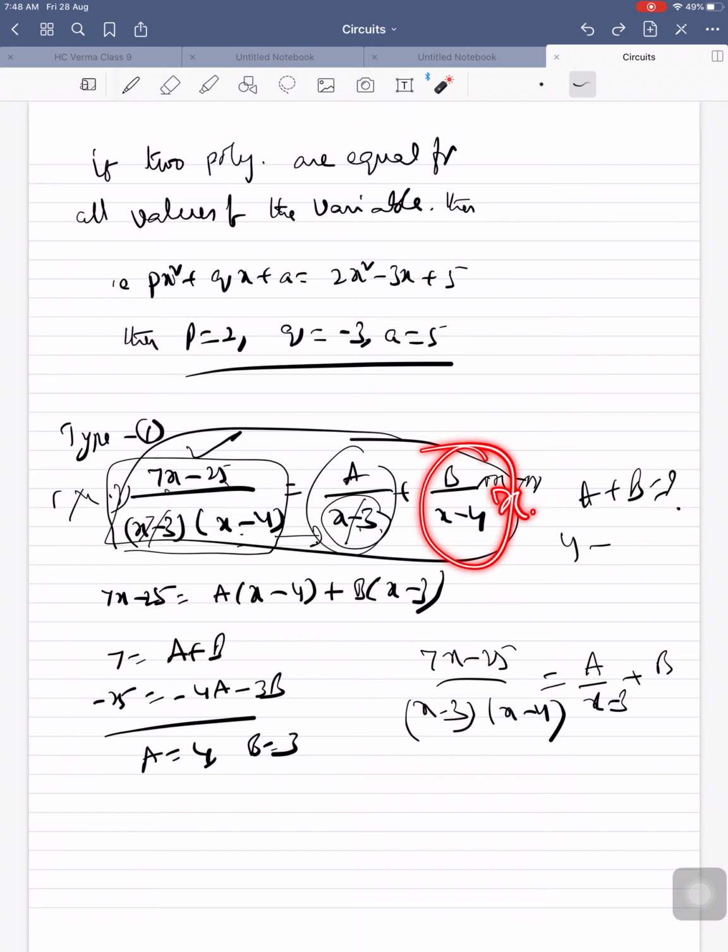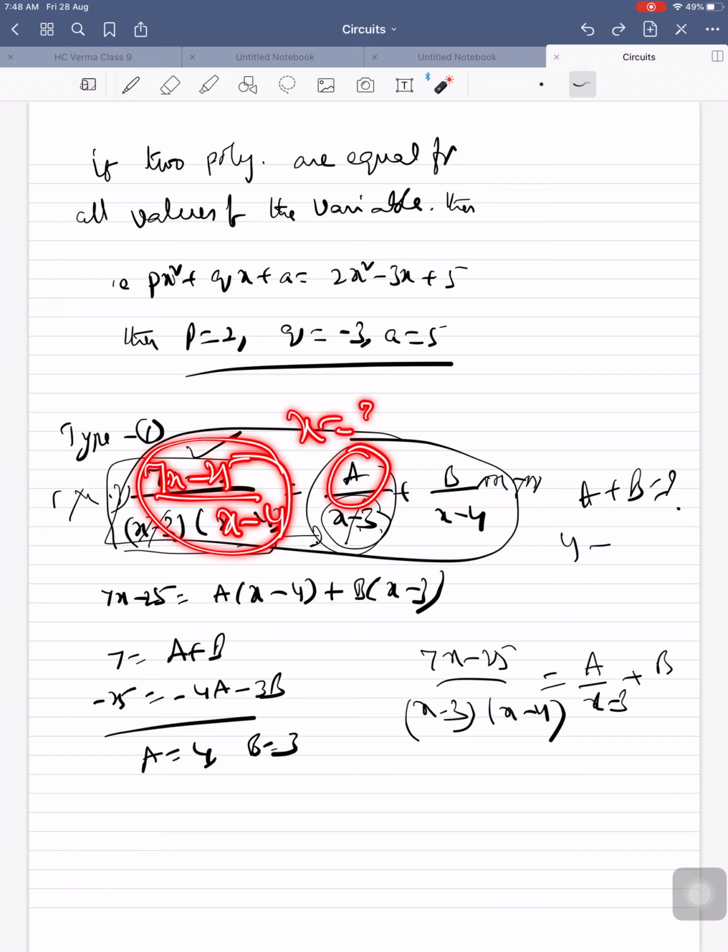Already I multiplied with (x minus 3), so 3 minus 3 is 0, and 0 into anything is 0. So B will not be visible here, only A will be there. So A is equal to (7x minus 25) by only (x minus 4). Which value did you assign for x? 3. Then put that in this and you will get the A value.